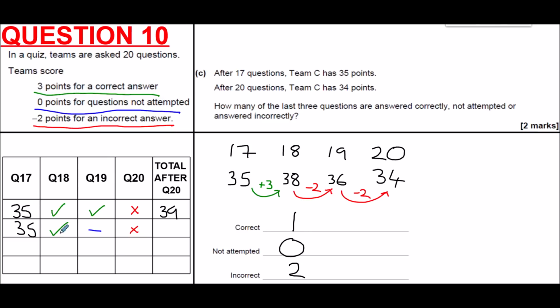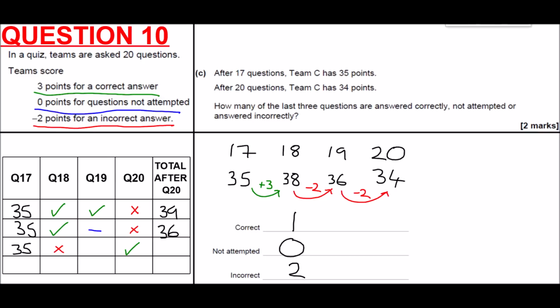So 35 plus 3 would be 38. If that's left blank, that wouldn't change. Then -2 would be 36. Anyway, eventually what you'd get is that the only way it would work is if 1 question was answered incorrectly, then 2 questions were answered correctly. That's the only way you could take your score from being, whoopsie-daisy, making mistakes all over the shop today.